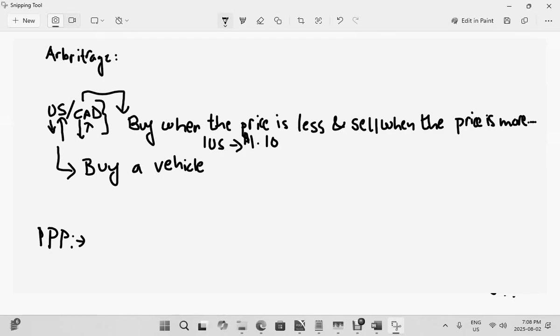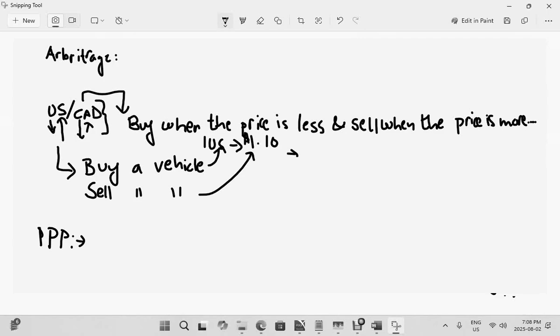So you buy a vehicle in the US and then you sell this vehicle in Canada, for whatever the price is times $1.10.